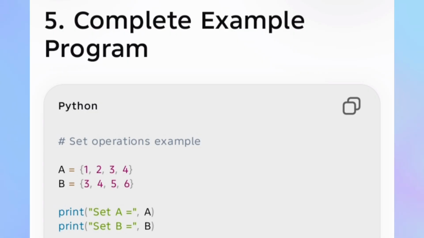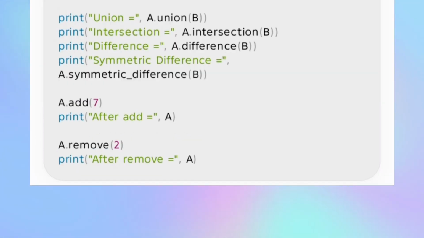Print set A, print set B. Then print union A union B, intersection A intersection B, difference A difference B, and symmetric difference A symmetric difference B. A add 7.